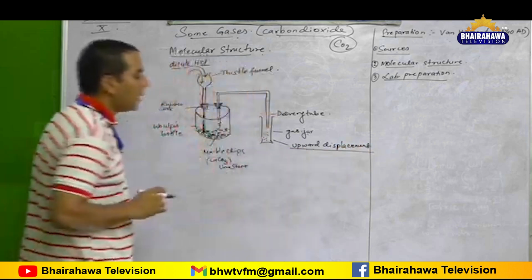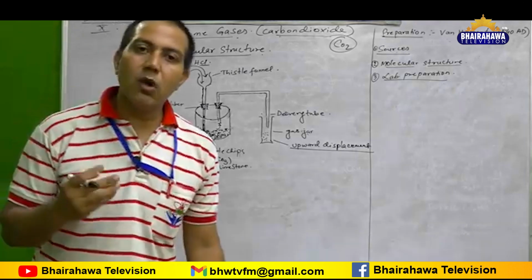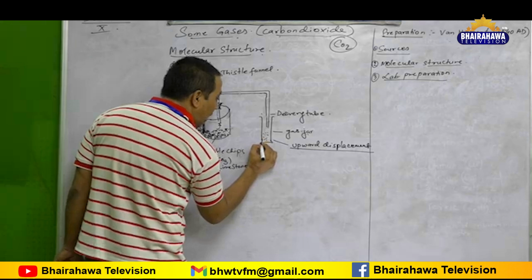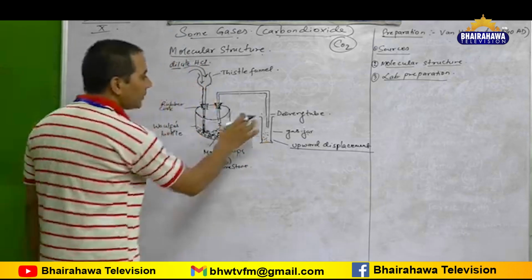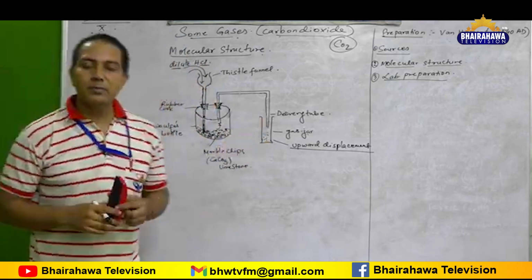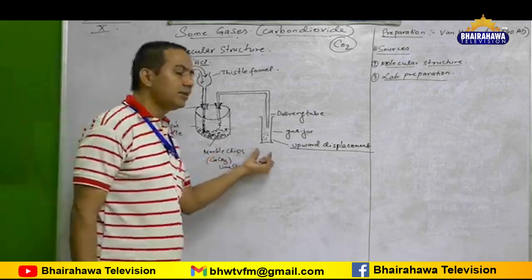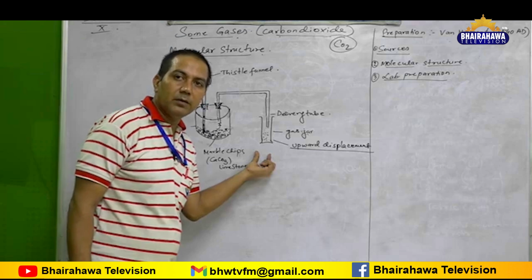You have studied about oxygen. It is collected by downward displacement of water, but carbon dioxide is collected by upward displacement. Why upward displacement? Why is carbon dioxide collected by upward displacement?